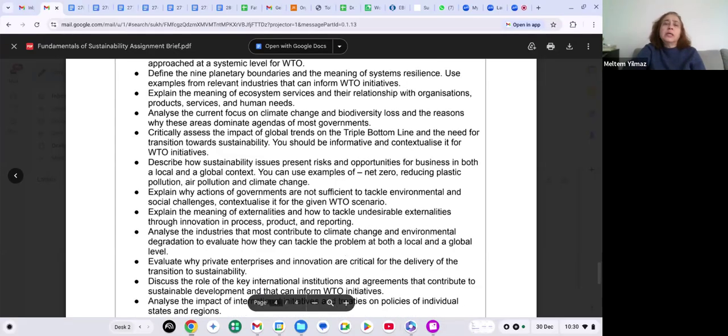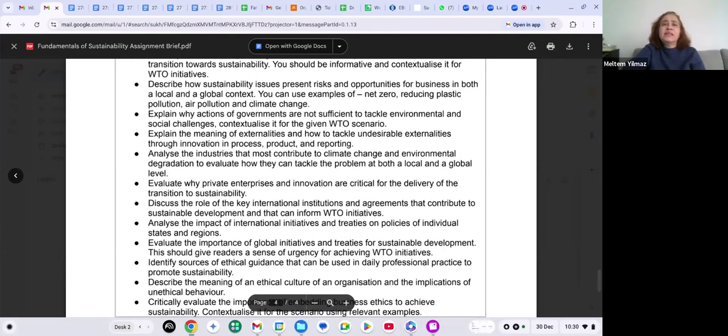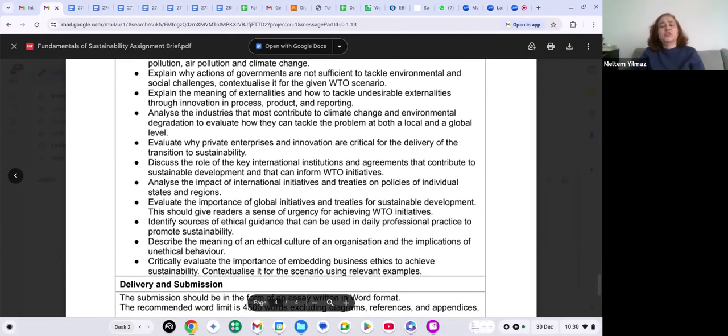And of course, during this investment of sustainable strategies in the private sector, please show us what the meaning of externalities is, how they tackle them, and what the impact of them is.